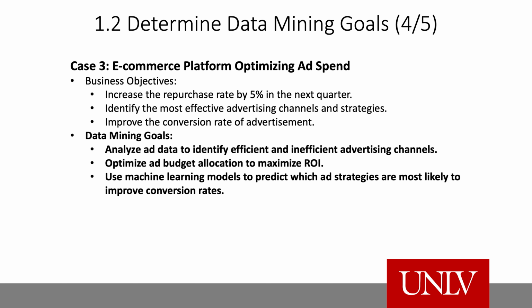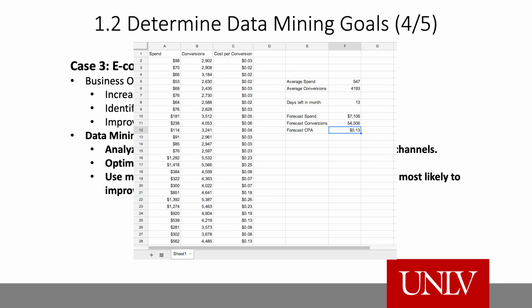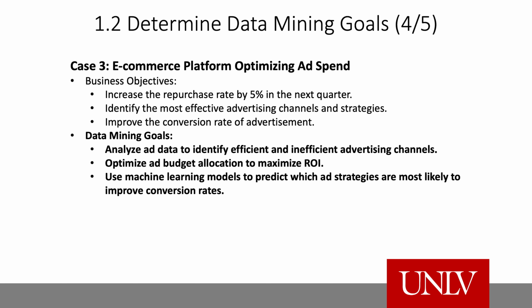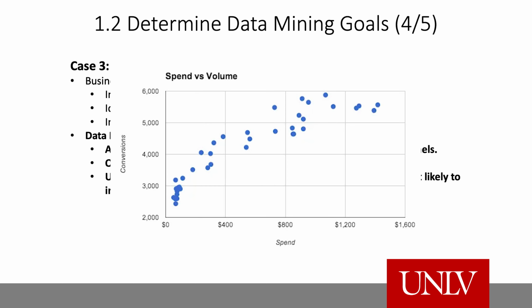Their second business objective is to reduce advertisement cost by 20%. So they can use machine learning models to predict how new campaigns will perform, like what CPCs and CPAs to expect, and where to allocate their budget. And finally, they want to improve the conversion rate of advertisements. So they can use machine learning models to predict which advertisement strategies are most likely to improve their conversion rates.